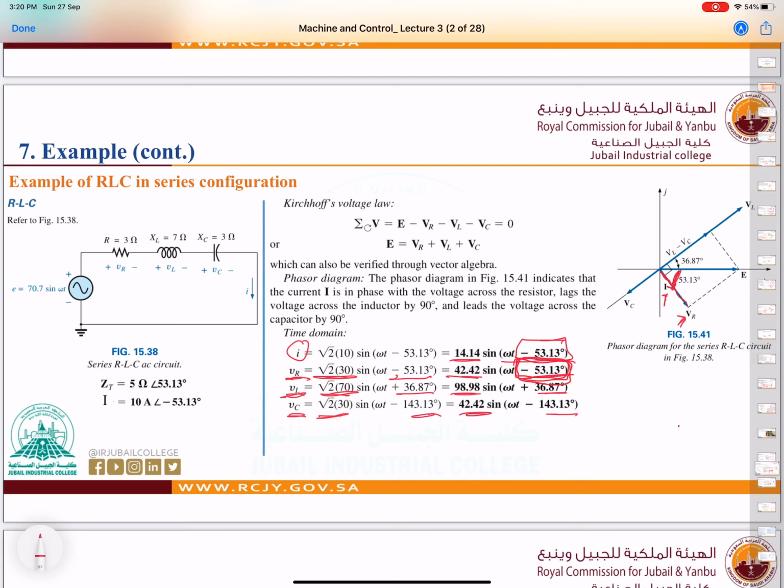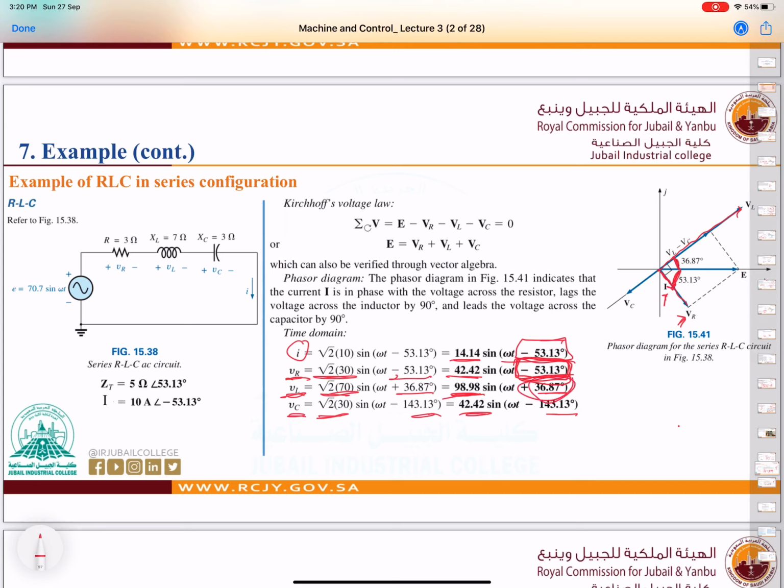For the voltage of the inductor, we know that the magnitude is 98, almost 100, and the angle is plus 36.87.